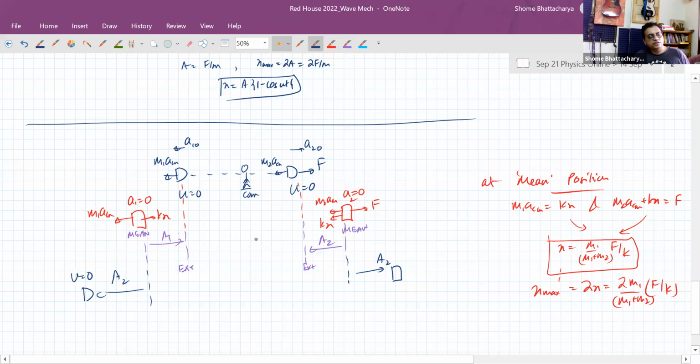This is when your V will become 0. And here it is L plus X maximum. So this X maximum is twice of A1 plus A2.